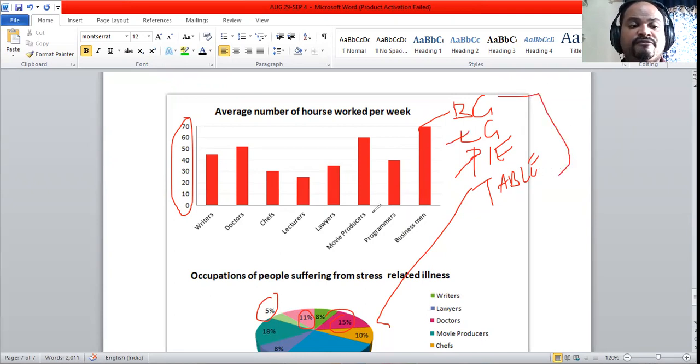charts with figure comparisons. Whenever you see these particular pictures, you will have some sort of mathematical figures, numbers there. So we need to do some statistical calculations there. It can be higher and lower, or increase or decrease, or whatever it is.